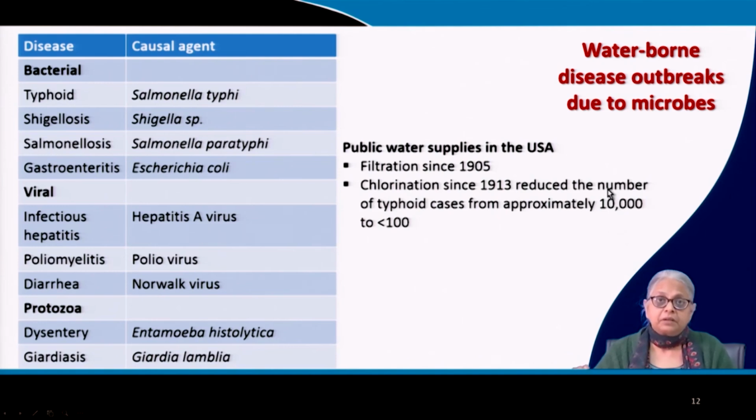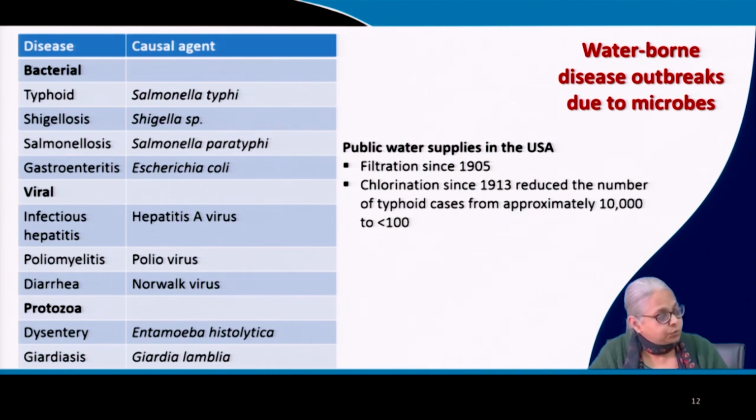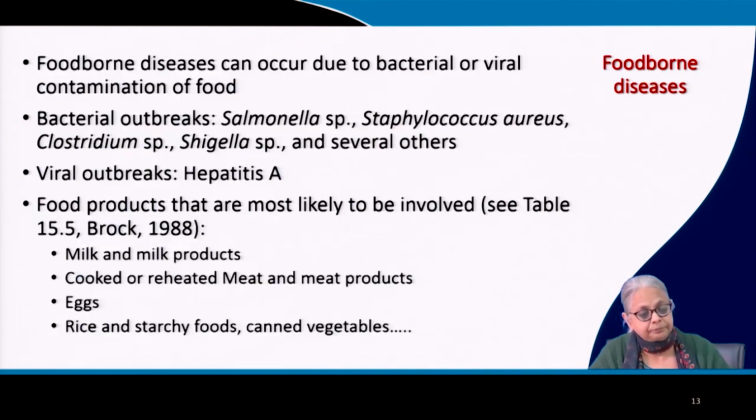And these two processes together have been credited for reducing the number of typhoid cases in the US from approximately 10,000 to less than 100. So these are all technological interventions that have helped to bring down the incidence of both morbidity and mortality due to waterborne diseases.